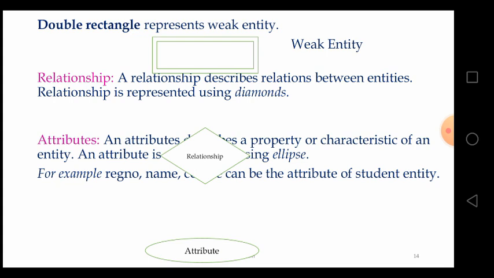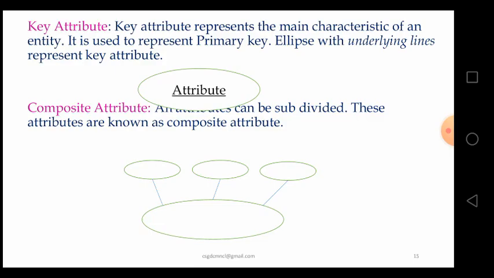Next, key attribute. A key attribute represents the main characteristics of an entity. It is used to represent the primary key. An ellipse with underlined text represents a key attribute.